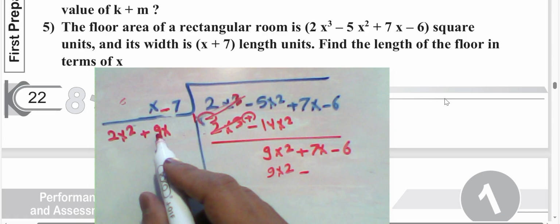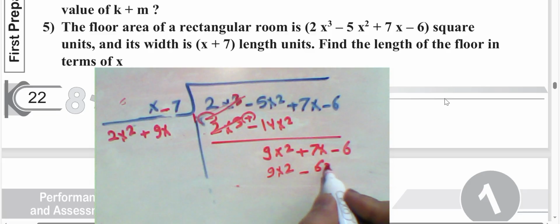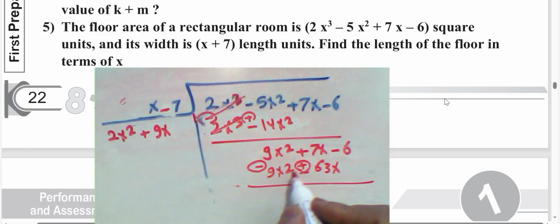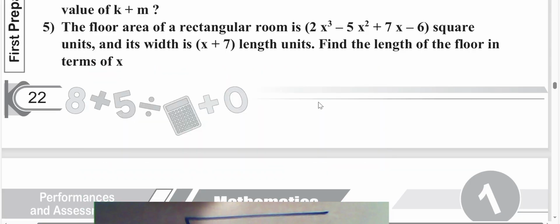Right, negative 9 times 7 is 63x, and this changes the sign, it will be negative and here positive, and then we can collect. It will be 70x minus 6. Okay, we have a wrong in this question. This question is not correct. Next question.